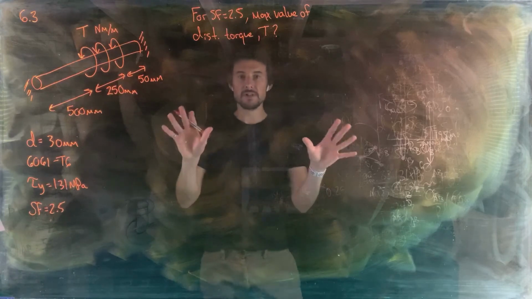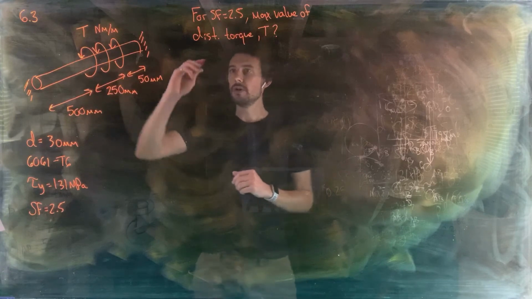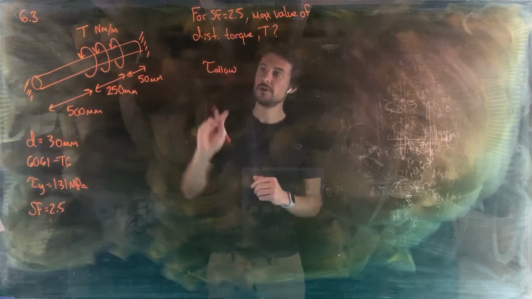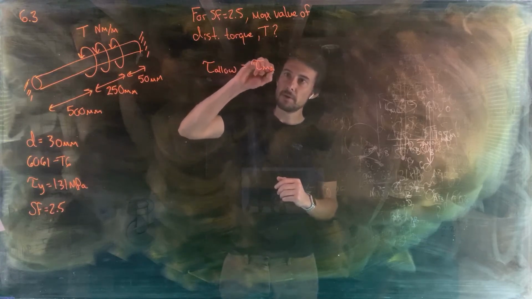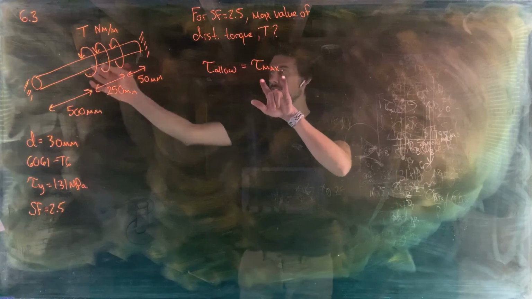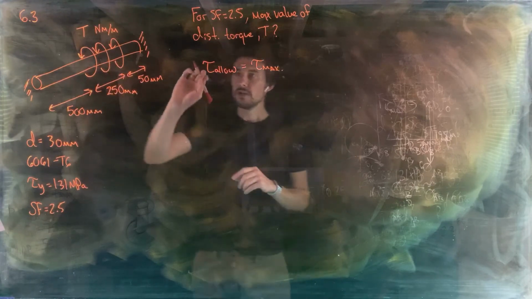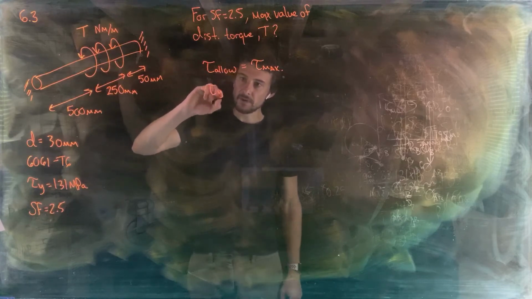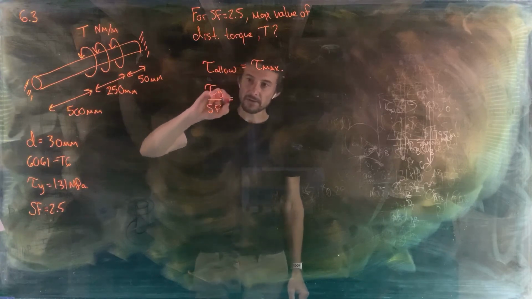This is the same sort of deal as the other problems that we've been looking at, right? What we want to do is equate the allowable shear stress to the maximum shear stress that this object is going to sustain. So the allowable shear stress here comes from the shear yield strength divided by the safety factor.